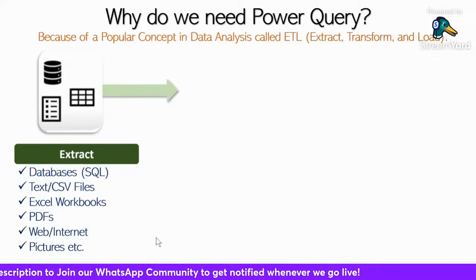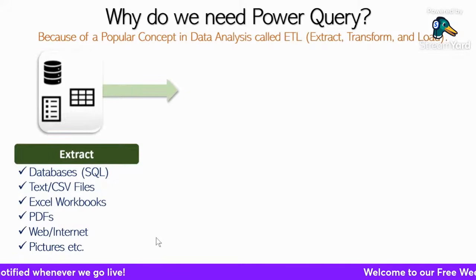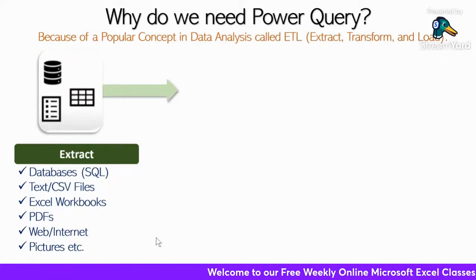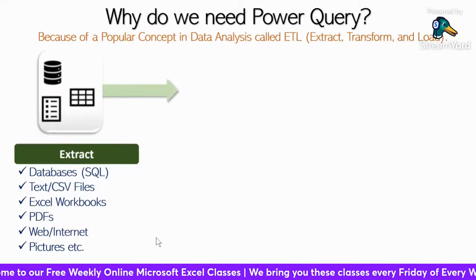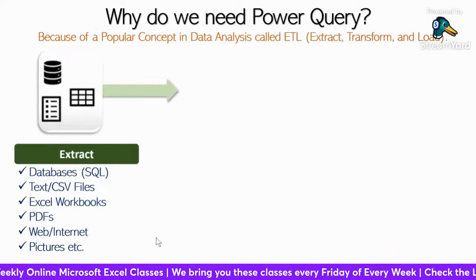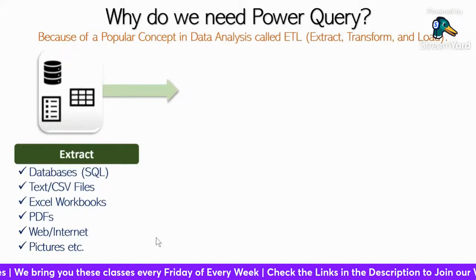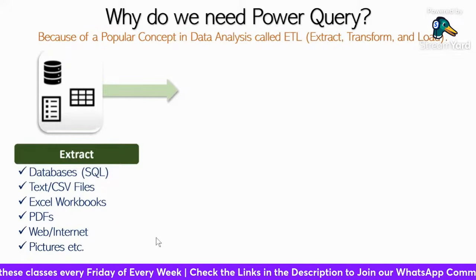We can also connect and pick data directly from the internet or the web. We could also connect from pictures. There are a lot of areas we can connect and pick data. And this particular tool is the tool that also runs inside Power BI. So when you actually move over to Power BI, you'll get even more options of connecting to various sources.